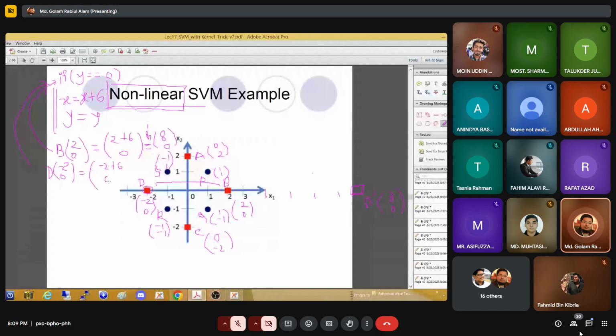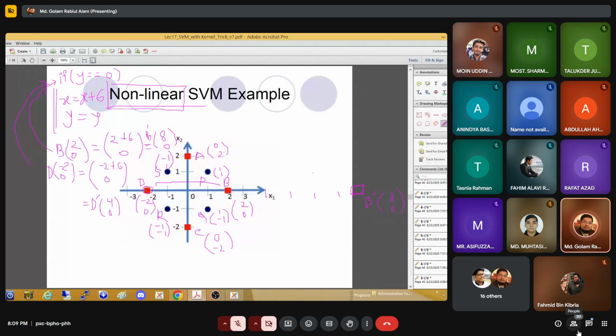Okay, so the new value, we can consider this one as our d prime. Minus 2 plus 6 is 4, and 0. So this will be our 4, 0. So that means d will be shifted to 4.